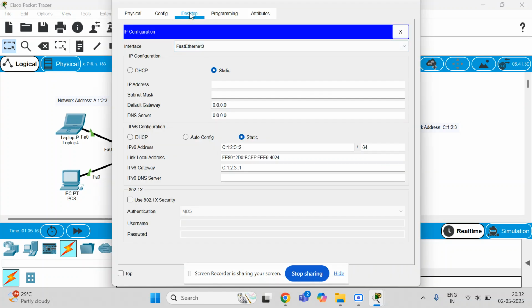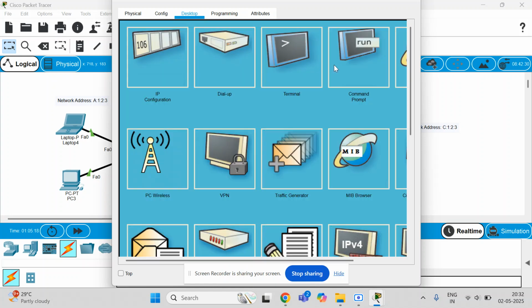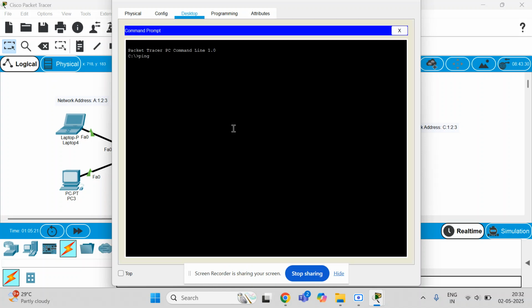From this side also I will check the ping. Ping A colon 1 colon 2 colon 3 colon 1. RTOs are coming.